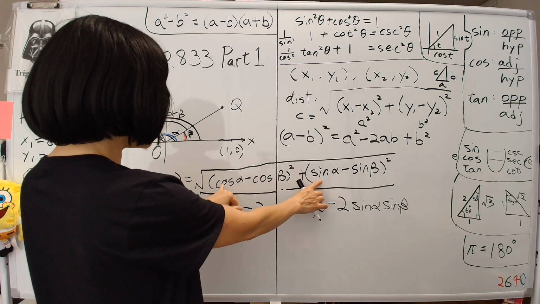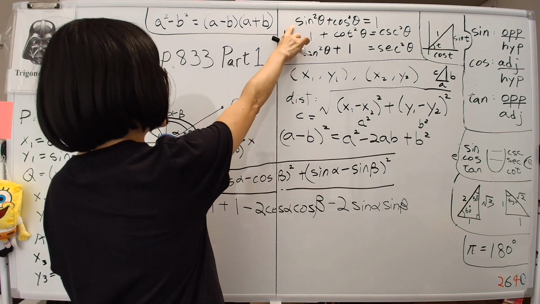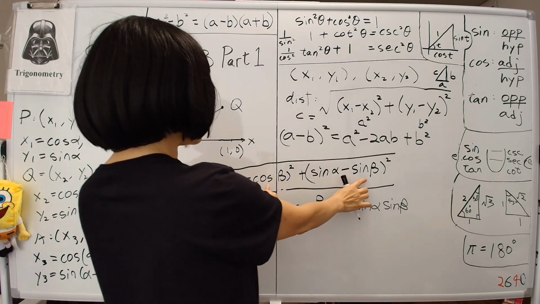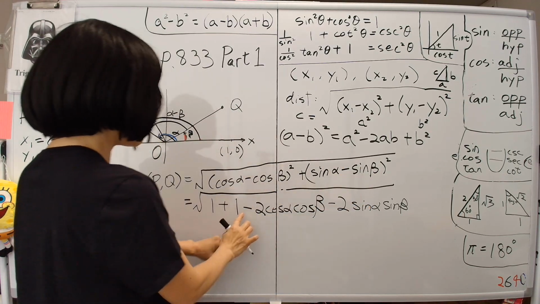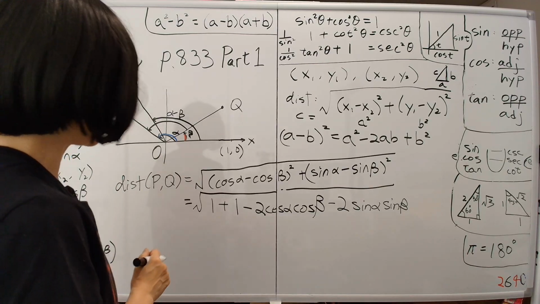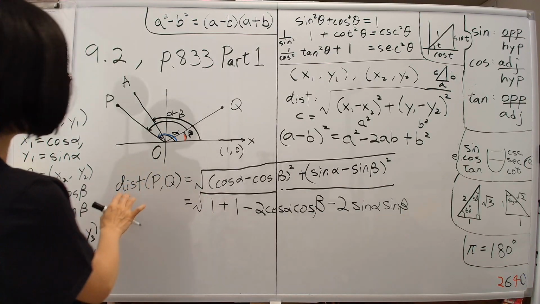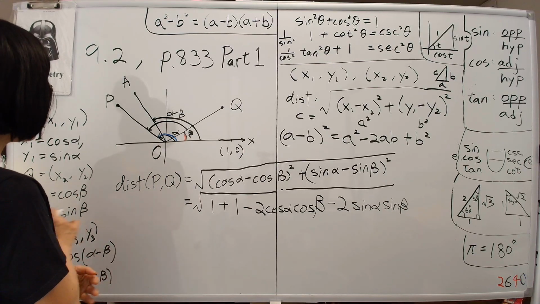The cosine alpha squared and sine alpha squared combine to become 1 out of this formula. And then the cosine beta squared and sine beta squared combine to form this one. So we have this thing right here, and that's how we got this. So that's the distance from P to Q.